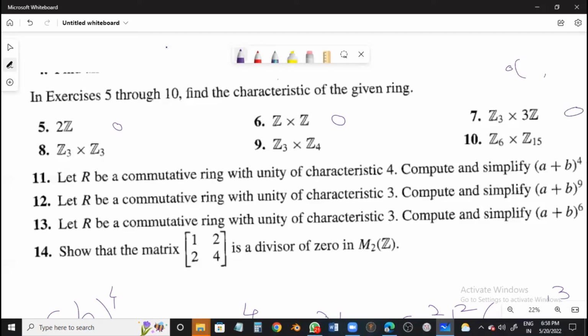Okay. What about the next one? Z3 cross Z3? 3. Yes, very good. What about Z3 cross Z4?